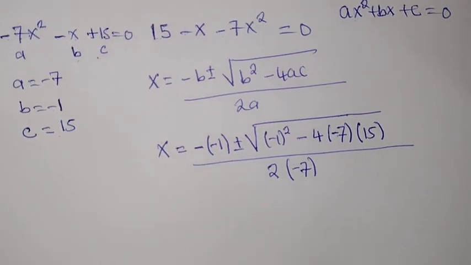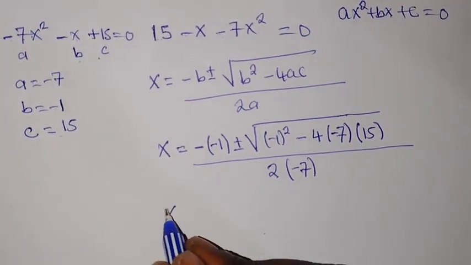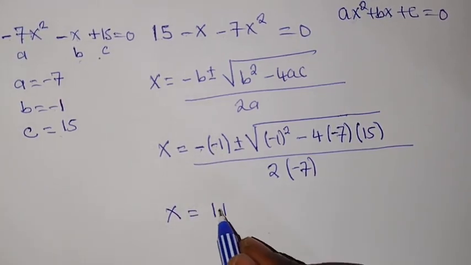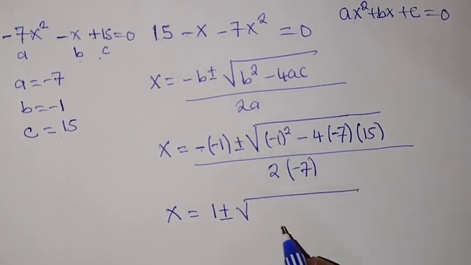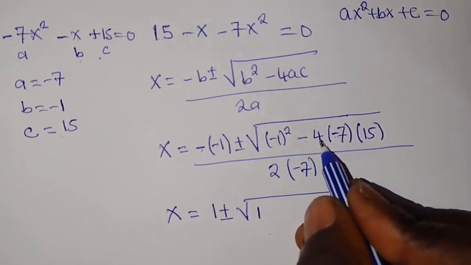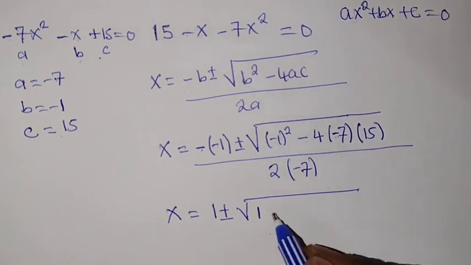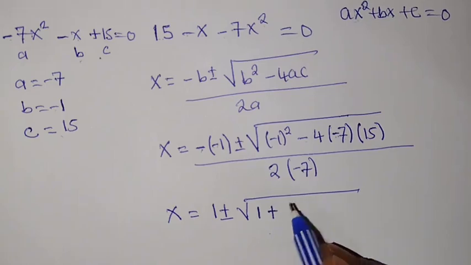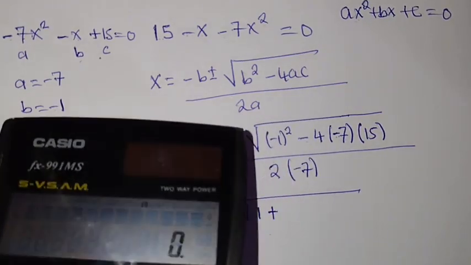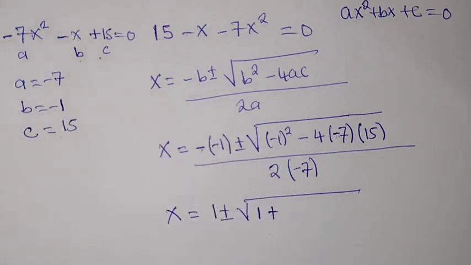Then from this stage, what are you going to do? Just simplify things. X is equal to negative, negative, so it's positive 1 plus or minus the square root of, so negative 1 squared, it's a 1, negative, negative, it's a positive, so you have 4 times 7 times 15. So here you are going to have positive. Okay, so we just need to calculate using the calculator because this is paper 2. So we have 4 times 7 times 15.